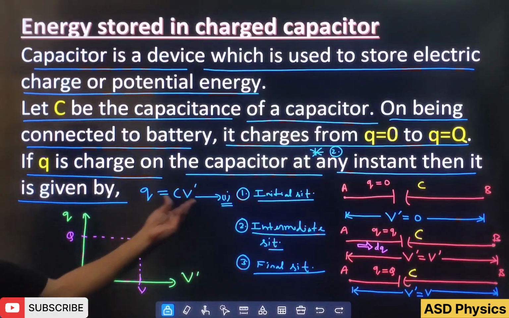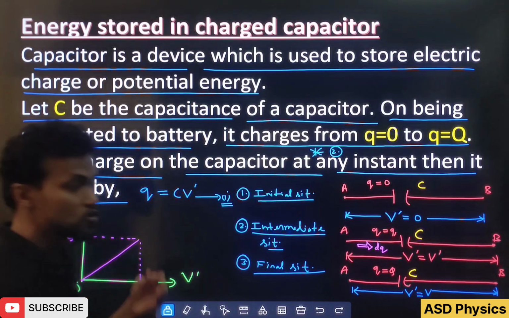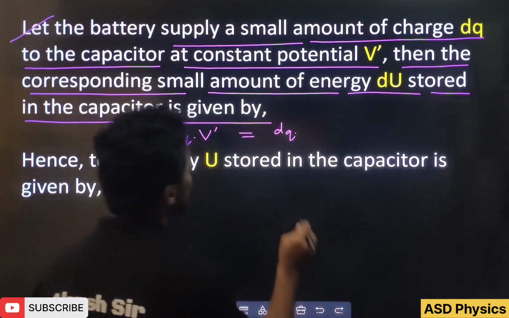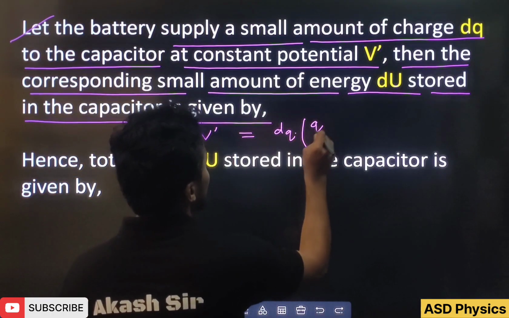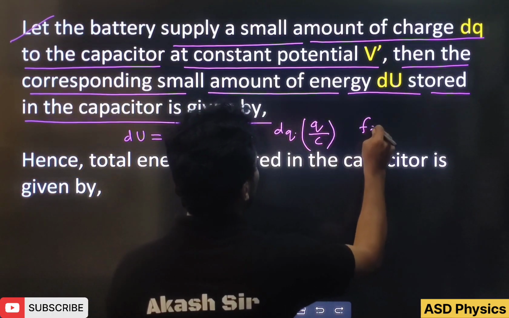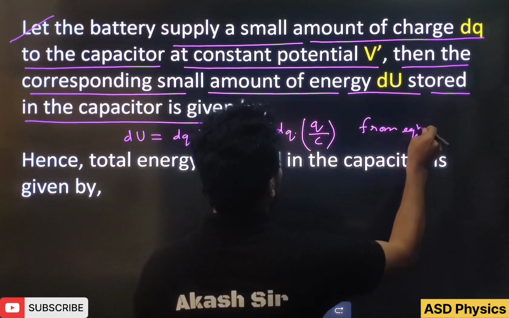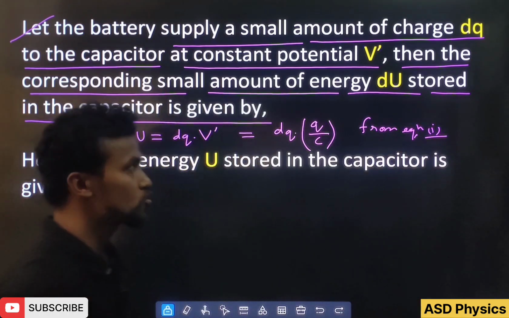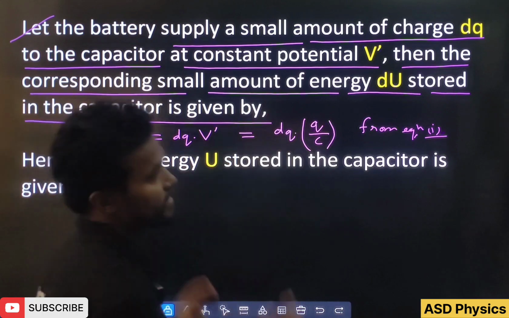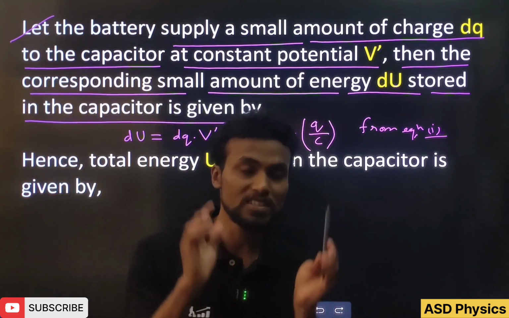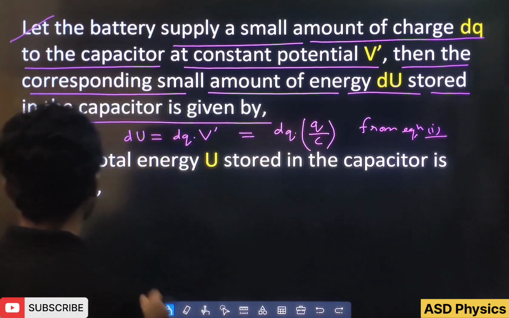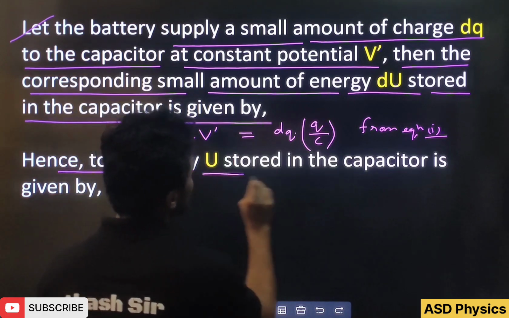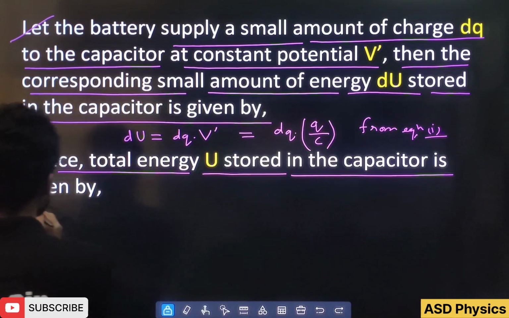As I have made you, Q equal to CV dash. So V dash is how much here, students? Q by C. So here I will write Q by C, from equation 1. Very easy, isn't it? Now students, the formula is ready. Our formula is ready by using which situation? The intermediate situation.